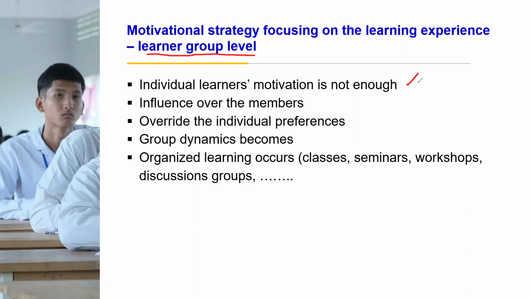So any activity set up would be for the whole class. So within this one, they mentioned that individual preference can be overridden. It means that not just favoring any part of the group, but we need to ensure that the whole class accepts that. So when the whole class accepts, maybe an individual person needs to take it into consideration. And the next one is the group dynamic.